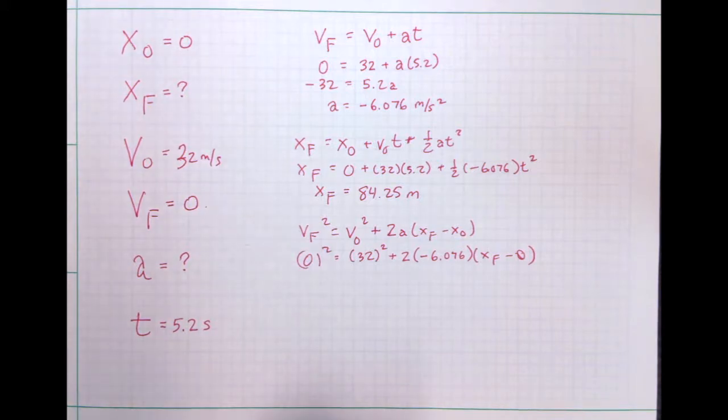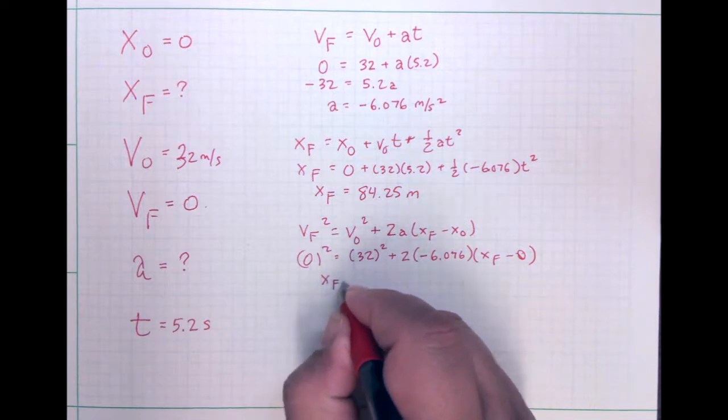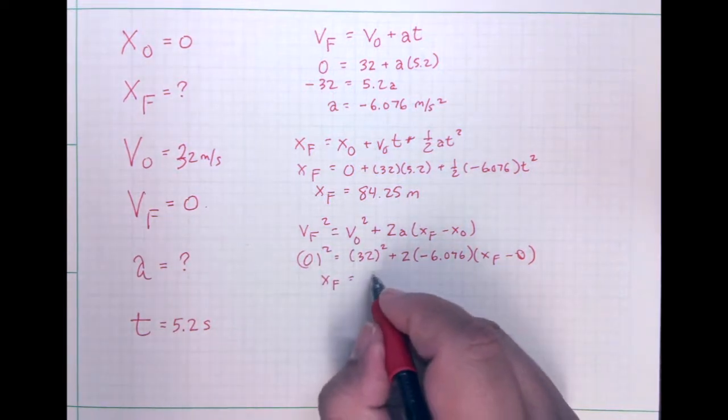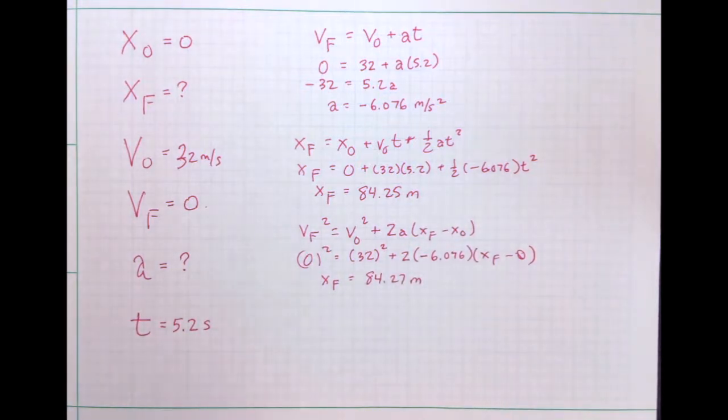All right, when we work through this equation, we find that the final position is 84.27 meters. To two significant figures, this is 84 meters, essentially the same result as we got from using the previous equation, which is somewhat comforting. So we would report that the motorcycle has an acceleration of negative 6.1 meters per second squared, and it travels a total distance of 84 meters while braking.